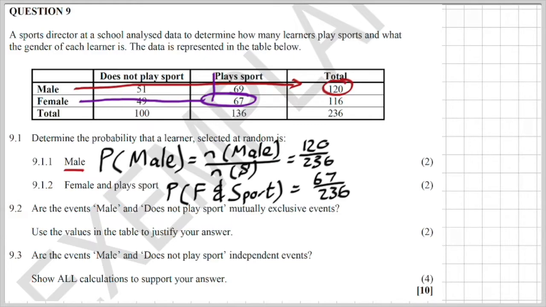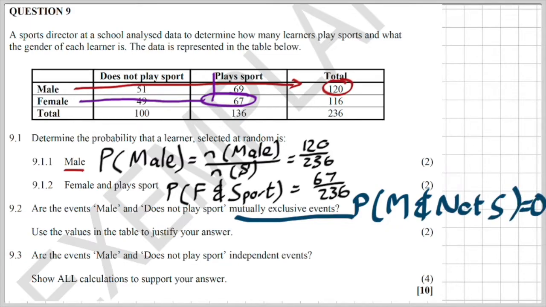Now, if I look at question 9.2, are the events male and does not play sport mutually exclusive events? Big word. Mutually exclusive means that the probability of male and not doing sport is 0. Remember that mutually exclusive events are two events that cannot happen at the same time.